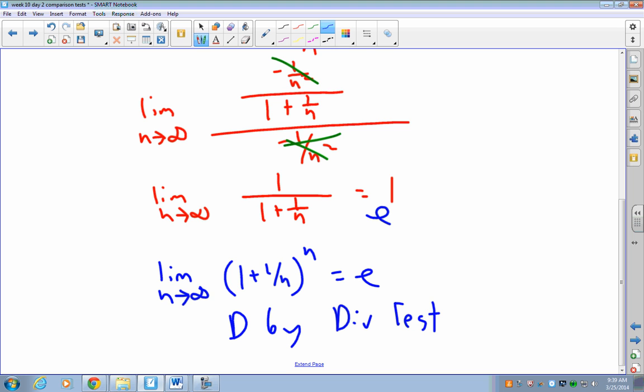If it goes to 0, it has a chance. Then you have to do something else, like hopefully try the integral test. But this one, right away, the last term goes to e, so it doesn't go to 0, so it blows up.